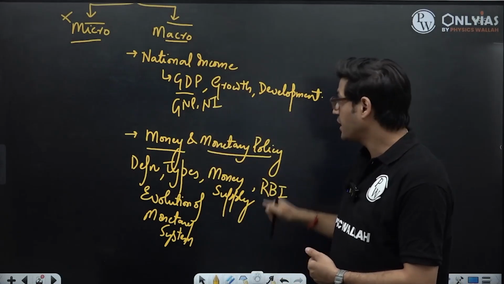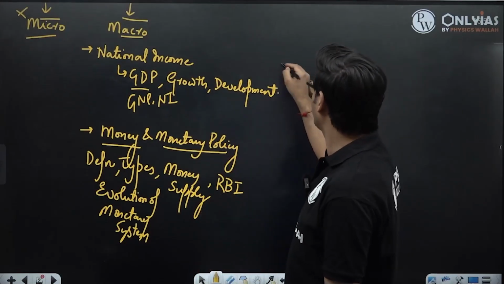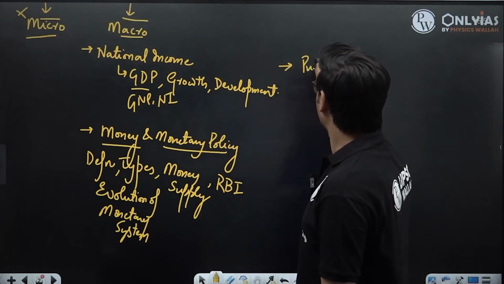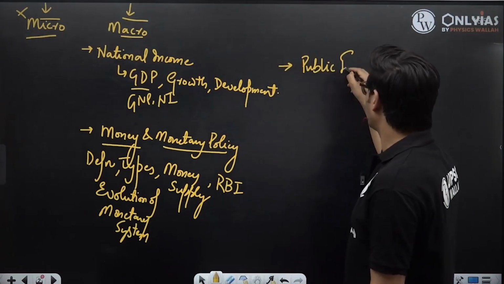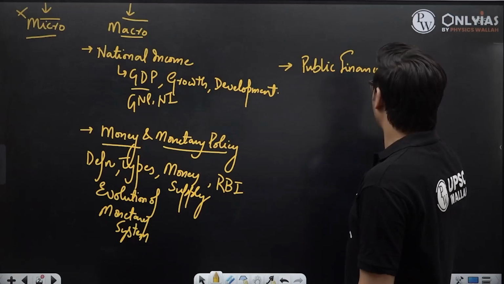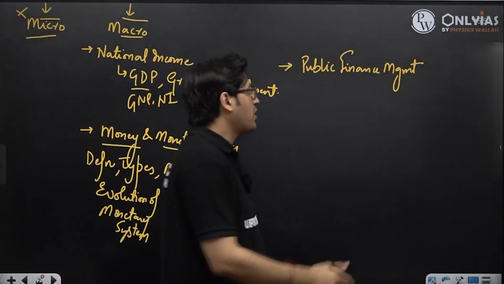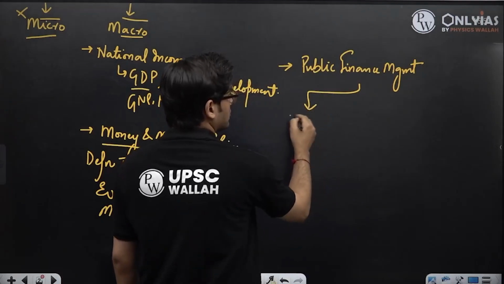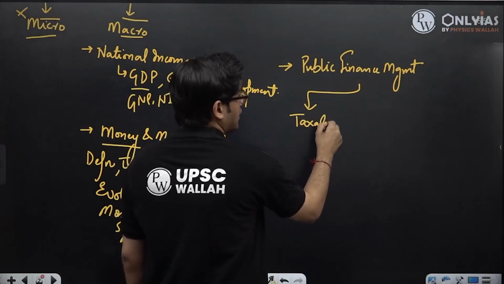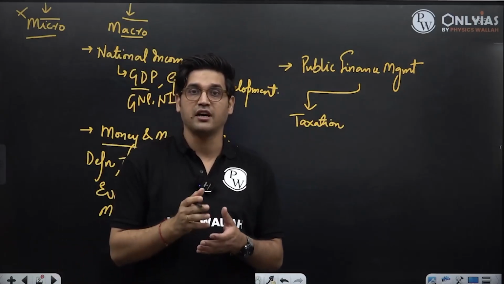In addition, in the macroeconomics aspect, you will also be required to study what is called public finance management. Now, public finance management essentially is about three things. First is taxation, which is the major source for government revenue.